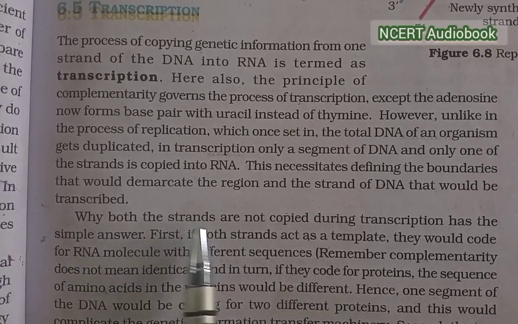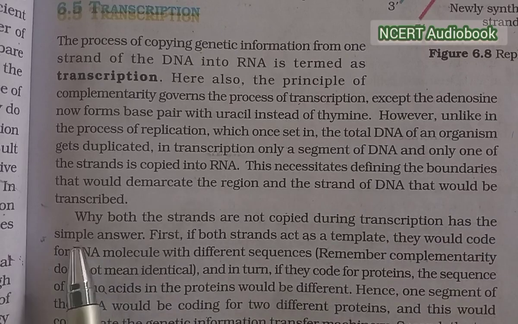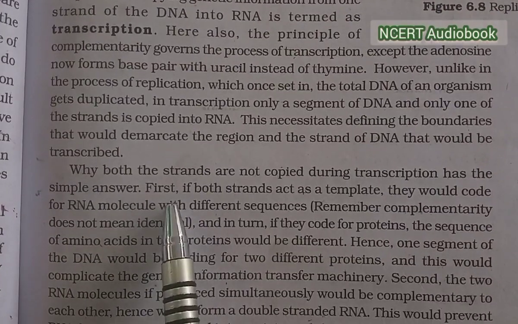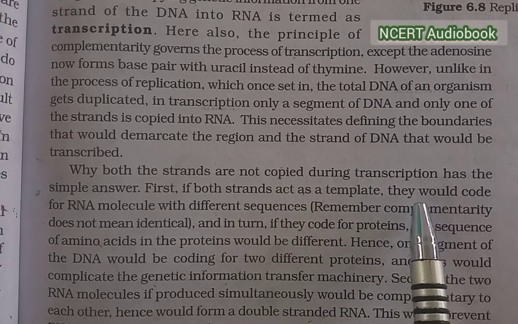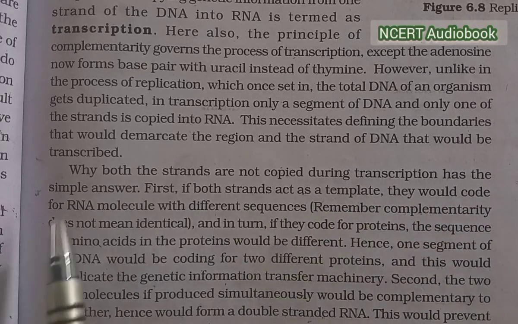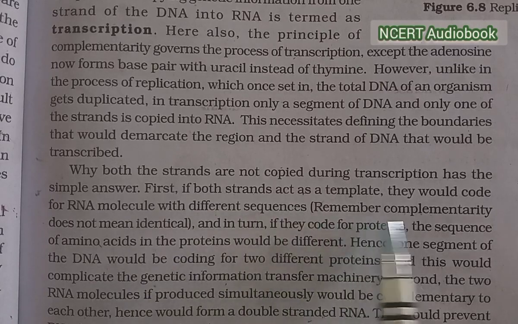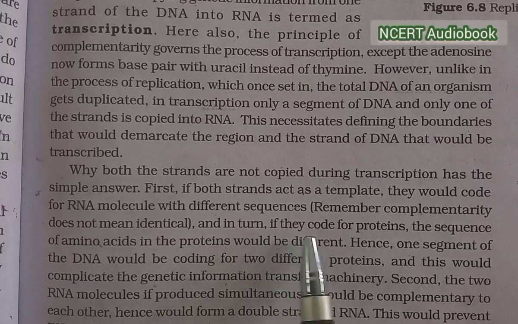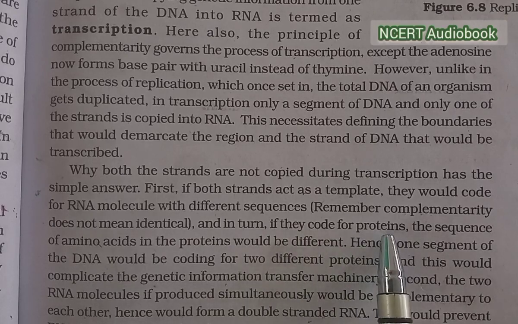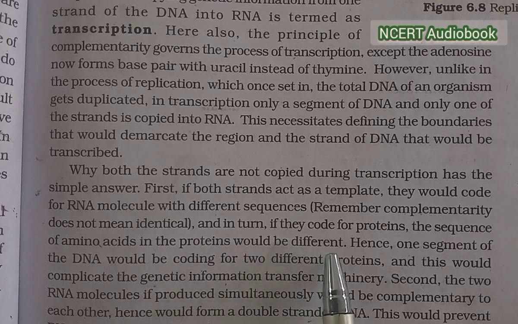Why both the strands are not copied during transcription has a simple answer. First, if both the strands acted as templates, they would code for RNA molecules with different sequences. Remember, complementary does not mean identical. In turn, if they code for proteins, the sequence of amino acids in the proteins would be different.